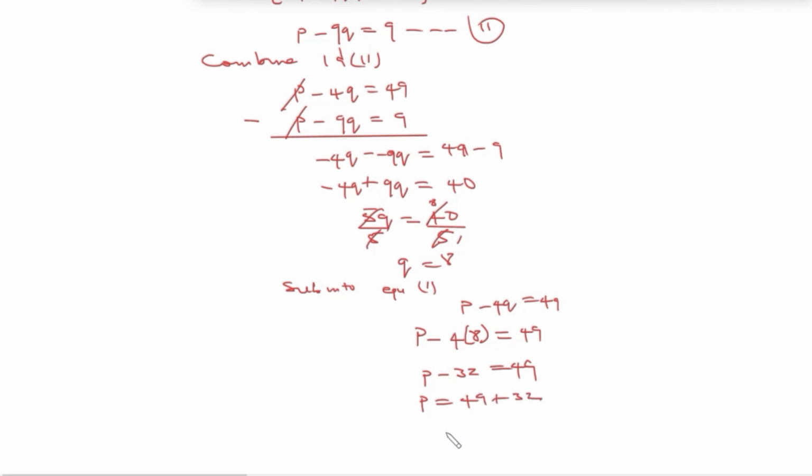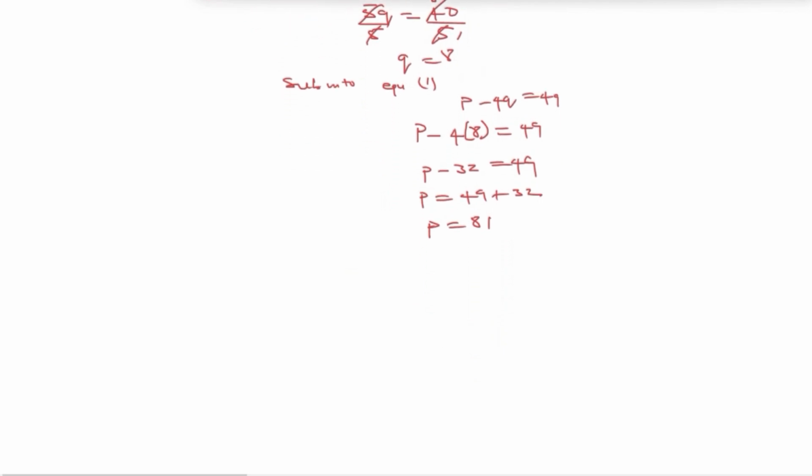Adding these two, we have p is equal to 81. So we have q as 8 and p as 81.